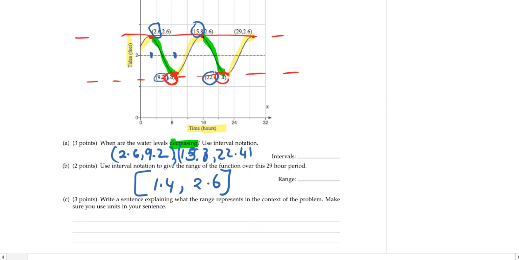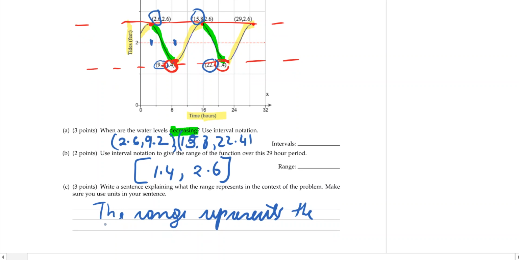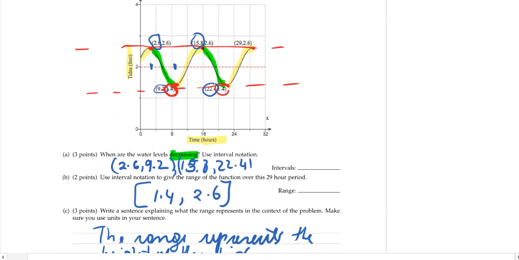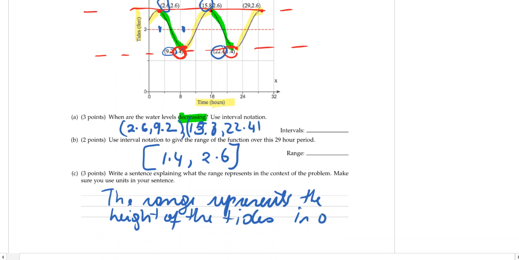Write a sentence explaining what the range represents in the context of the problem. Make sure you use units in your sentence. So the range represents the height of the tides in a day after midnight.